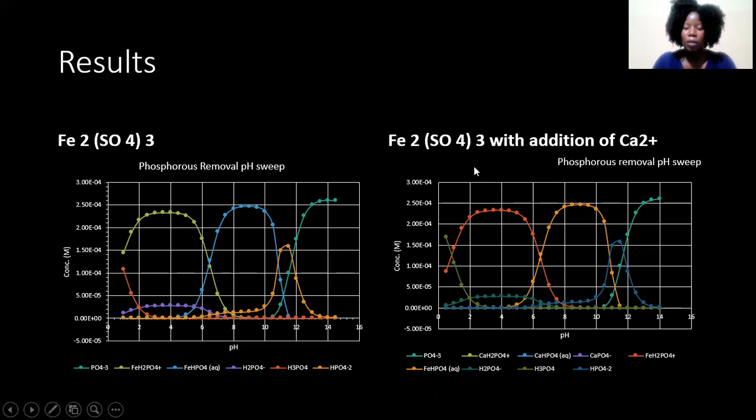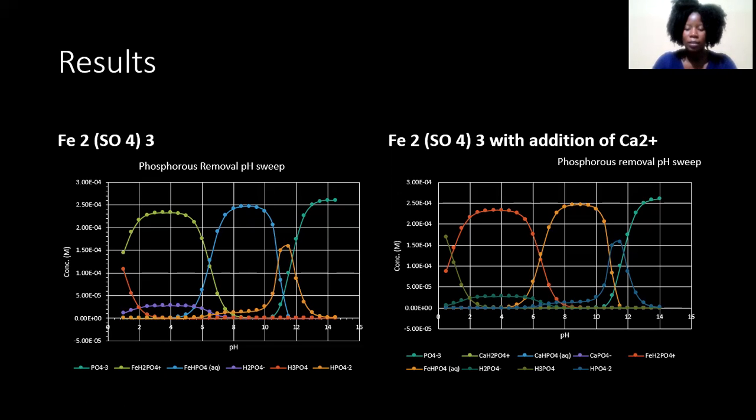The second simulation is iron sulfate with calcium. We have 4 equilibrium points. The first one is close to 1, which makes the water very acidic.